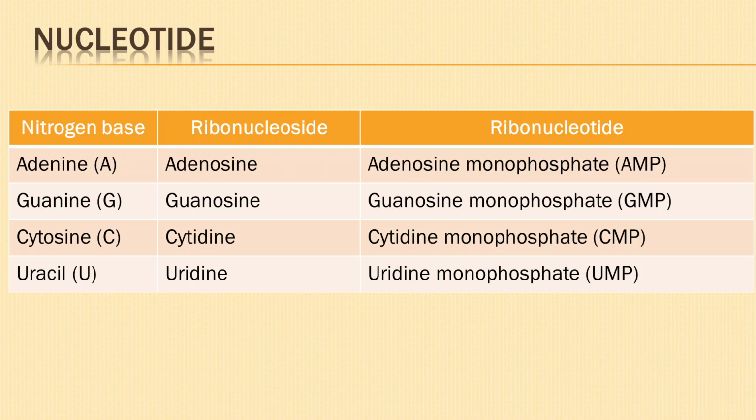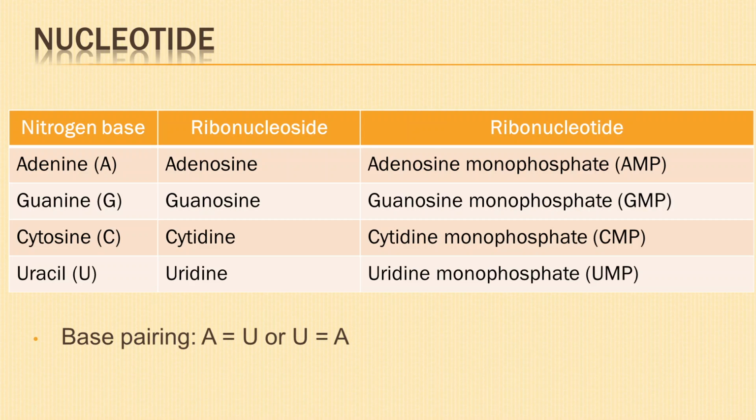Ribonucleotides are adenosine monophosphate AMP, guanosine monophosphate GMP, cytidine monophosphate CMP, and uridine monophosphate UMP.